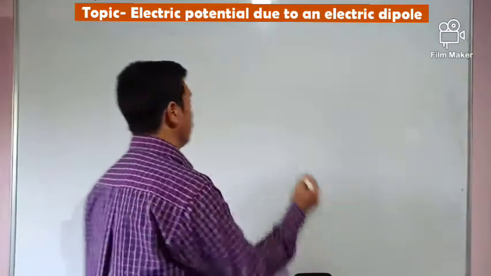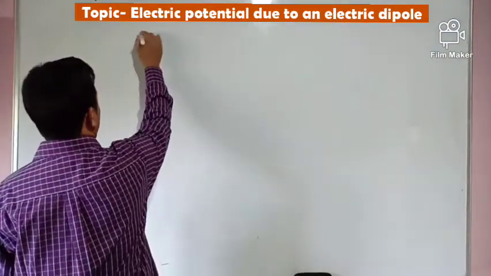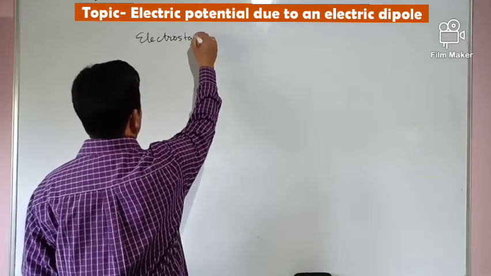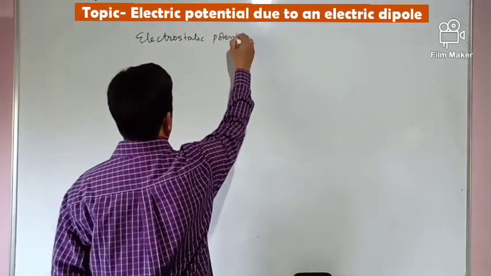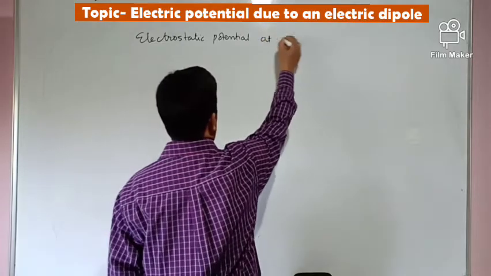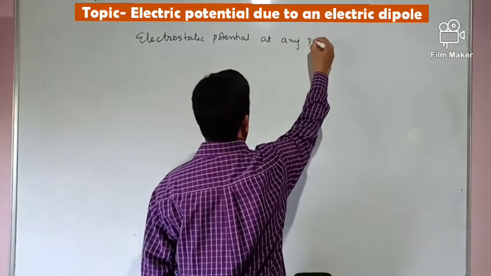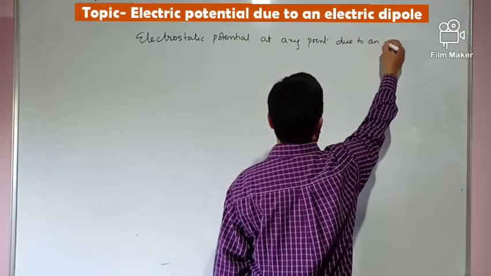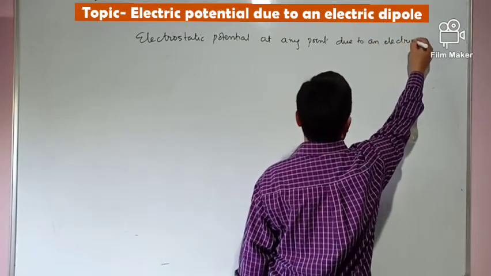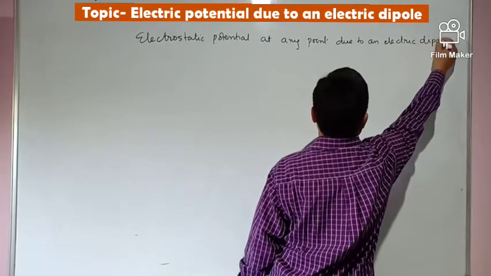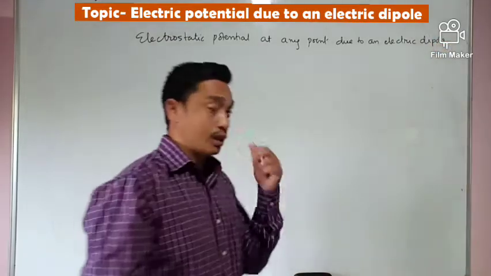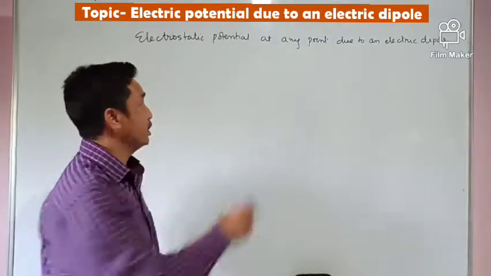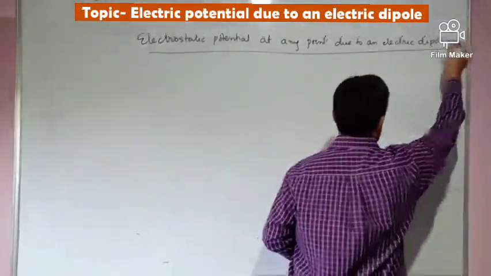So our topic is electrostatic potential at any point due to an electric dipole. This is our discussion for today. Let us see how to derive electric potential at any point due to an electric dipole.